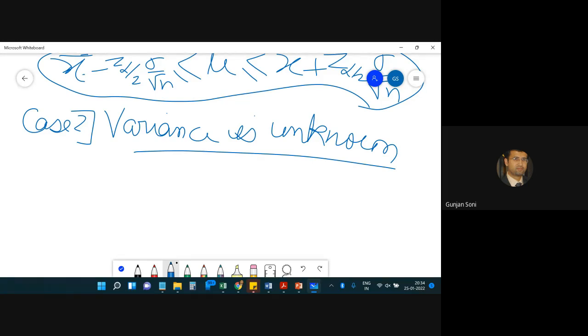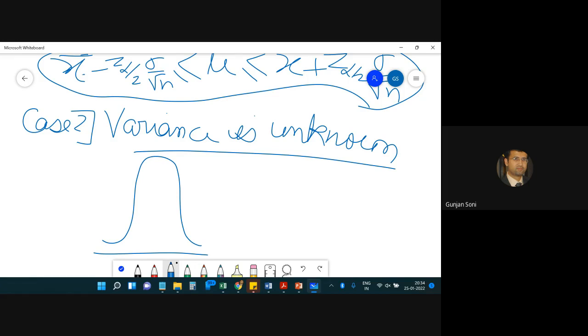In that case, we use a t distribution. The t distribution is exactly like the normal distribution, but the table and the function are different. It behaves like a normal distribution: it is symmetrical across the mean and asymptotic to the x-axis.